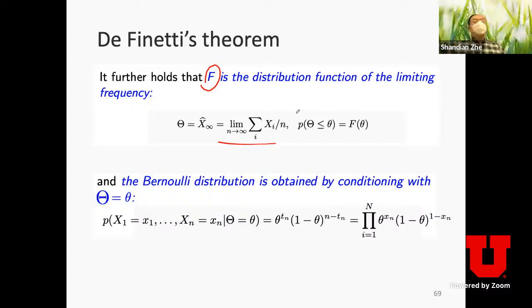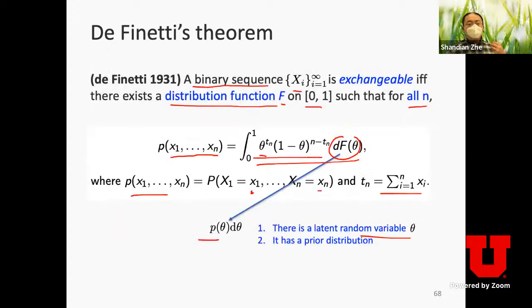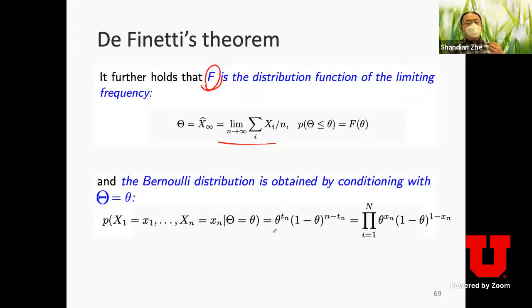Because we have an infinite sequence, if you take the limit of this average, it's still a random variable, and the distribution over this limit average is F. And the integral here, the part with the powers of theta and 1 minus theta, you can view as essentially a Bernoulli distribution, conditional on a particular choice of theta.